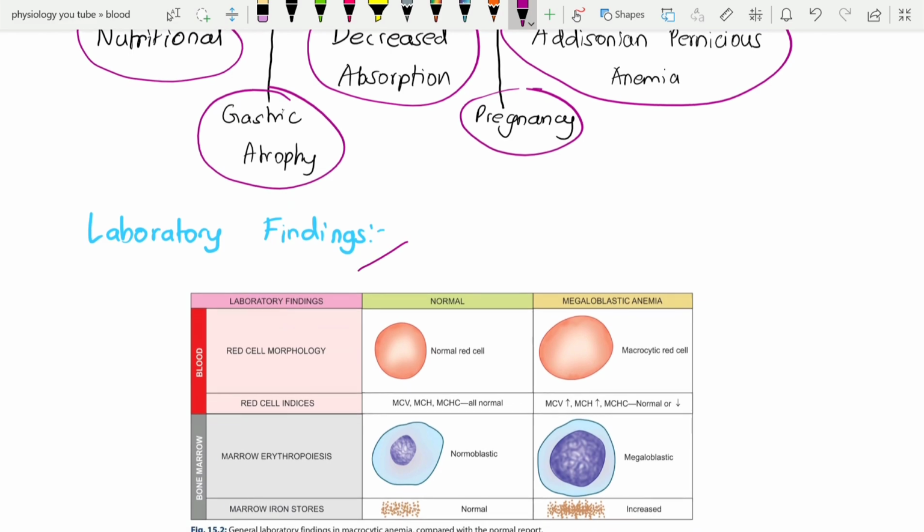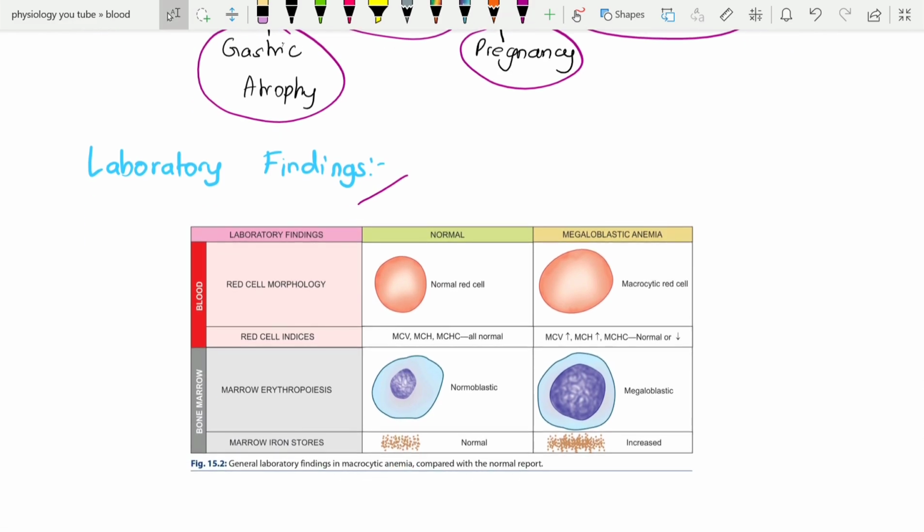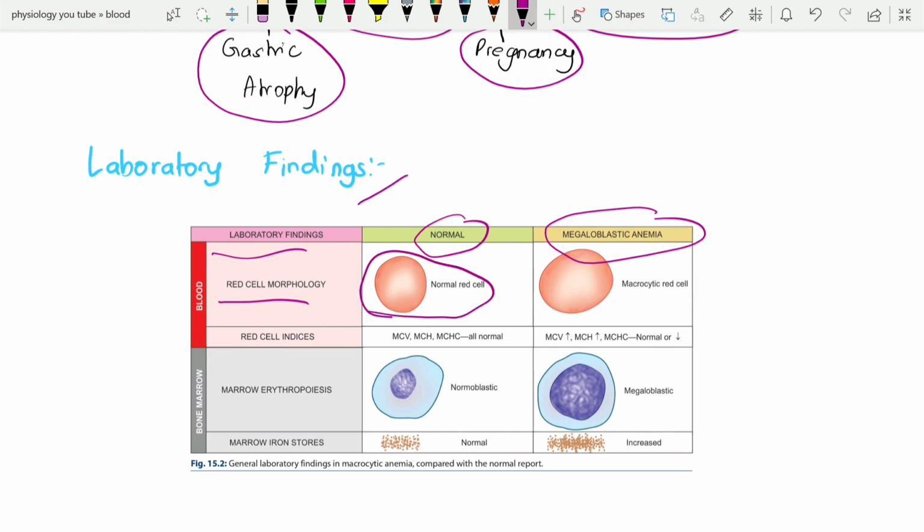Laboratory findings. Here we will compare normal and megaloblastic anemia. Red cell morphology: normal RBC in the normal, and here it is macrocytic. Red cell indices MCV, MCH and MCHC are normal in the normal.